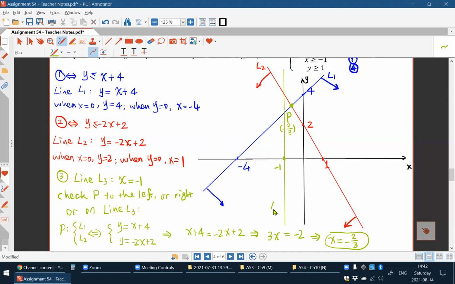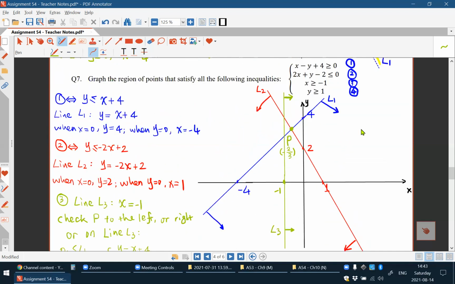Okay, so this is our line 3. And according to the inequality, it says x must be greater than or equal to minus 1. So region 3 must be to the right of line 3. This is our region 3, right?